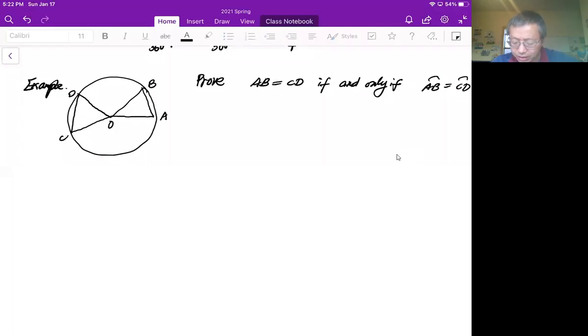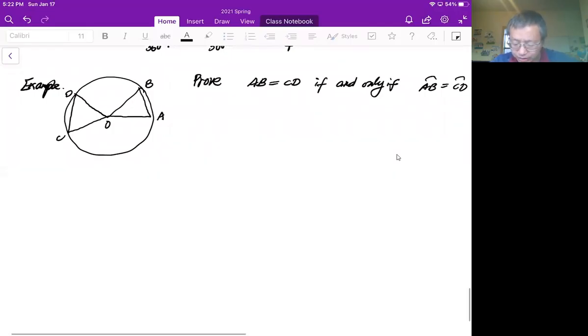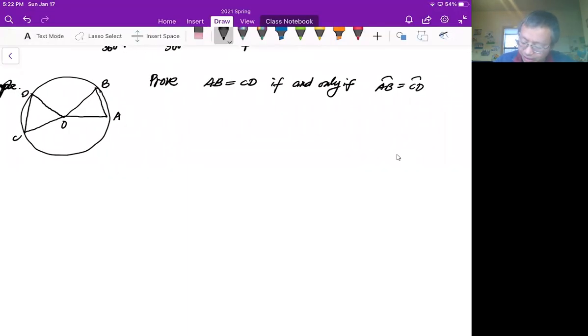This one is angle AOB, and the other is angle COD. It's quite simple if you understand the meaning, and you can prove this very easily. AB equals CD if and only if the two central angles are the same. Does that make sense? I don't have time to write down the proof, and I'm pretty sure you can prove it by yourself.